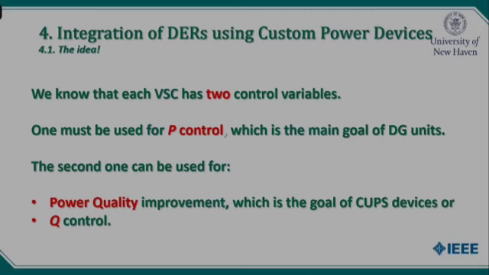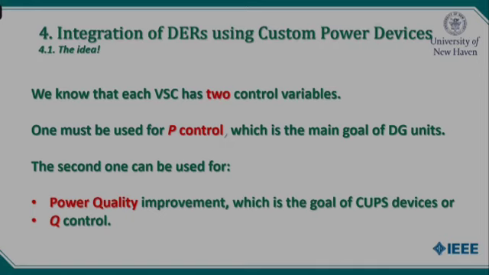One of the main parameters of our system in case of using distributed generation units, for example the DG units, is generation of active power. As a result, I should use one of these control variables in order to control active power. What about the second one?